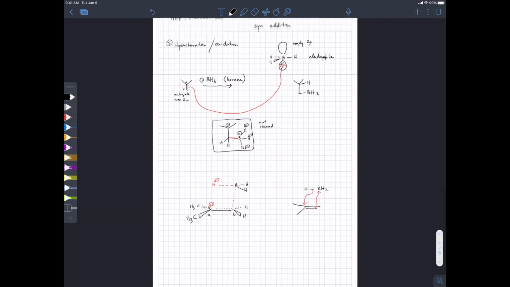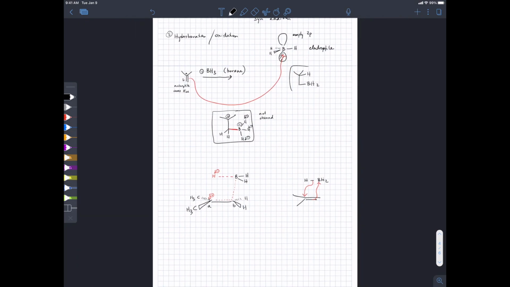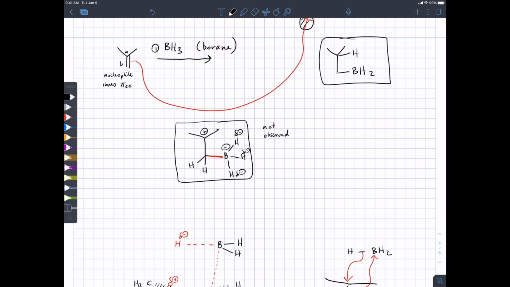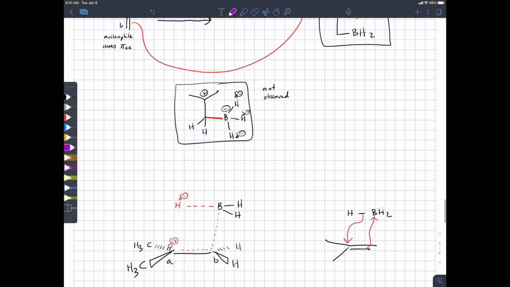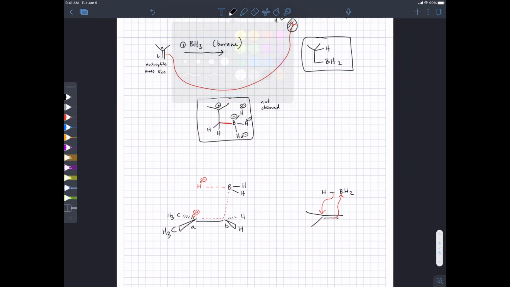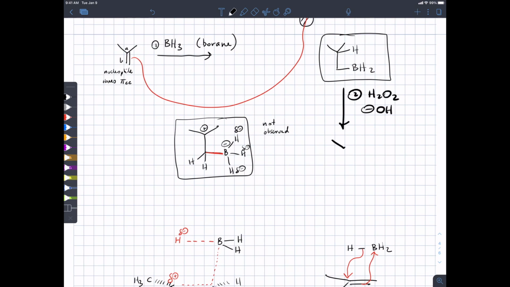All right, so the hydroboration step gets us to this intermediate where we have the hydrogen on the more substituted carbon and the BH2 on the less substituted carbon. Then in a second step, you do the oxidation, and that's adding peroxide under basic conditions. I won't show you the mechanism of that step because though it's fairly straightforward, it's details that don't really matter.